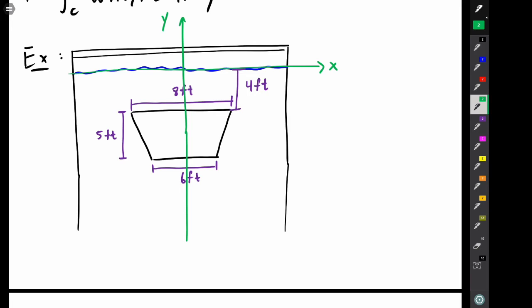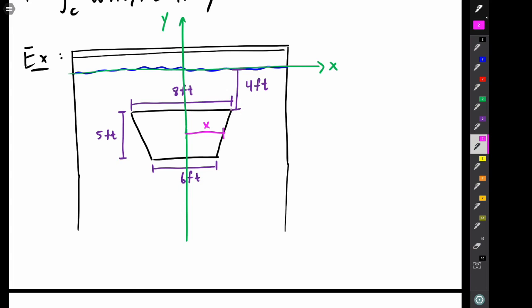Now, what's the benefit of that? Well, if we measure from here to here, this is just x. From here to here, at any point, is just going to be x.